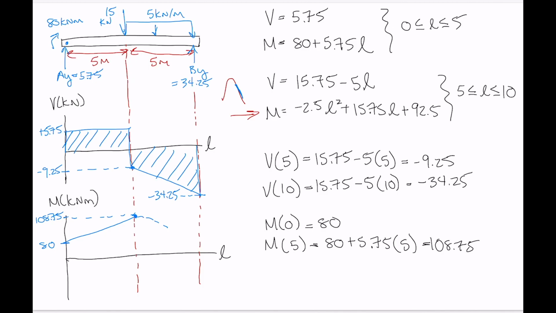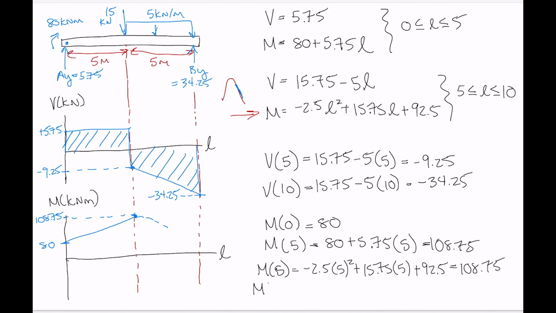So we want to do M of 5, okay, and that's minus 2.5, and then we put in 5 and square that, plus 15.75 multiplied by 5 plus 92.5, and that indeed gives us 108.75.